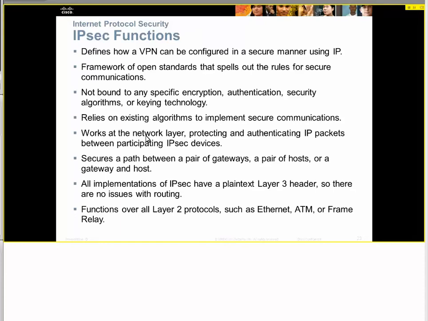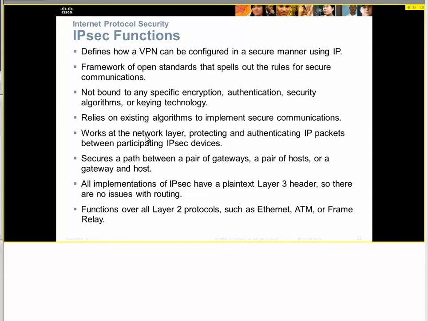So the IPsec functions define how a VPN can be configured in a secure manner. That's the first thing. It provides a framework of open standards, which means you don't have to have all Cisco hardware. You could have Cisco on one side, non-Cisco on another. IPsec defines the rules that the actual protocols will follow.